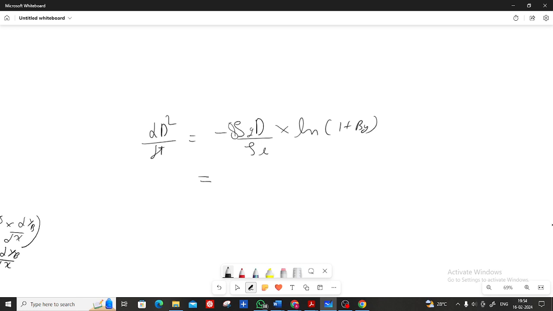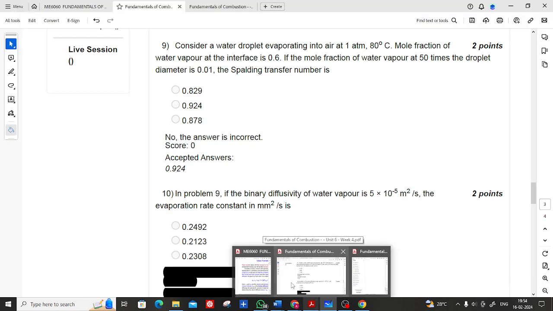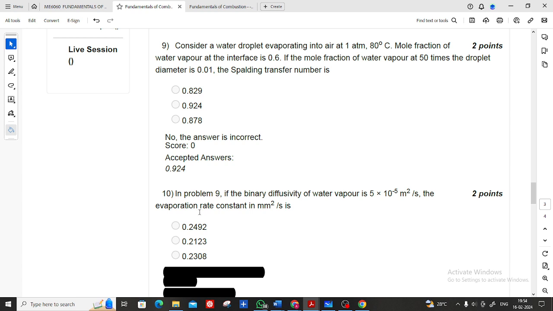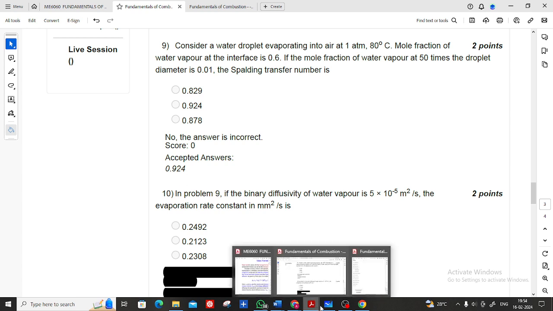The Vy we calculated last time is 0.924.